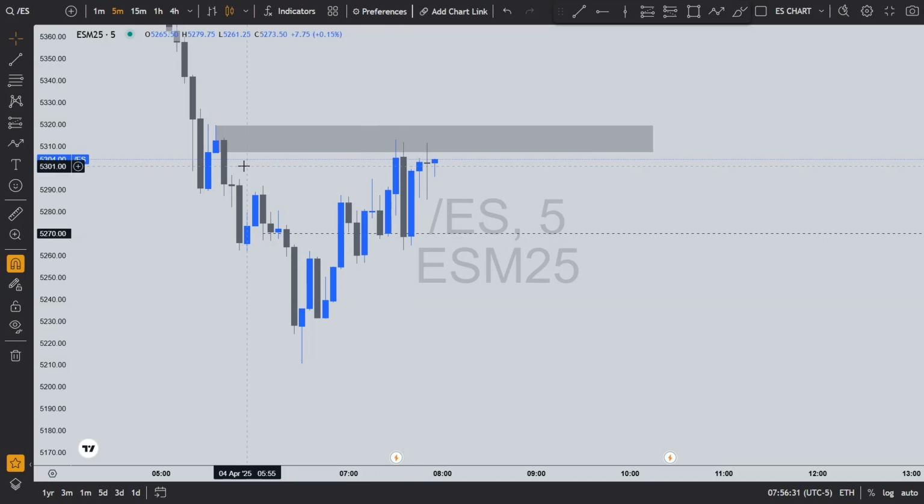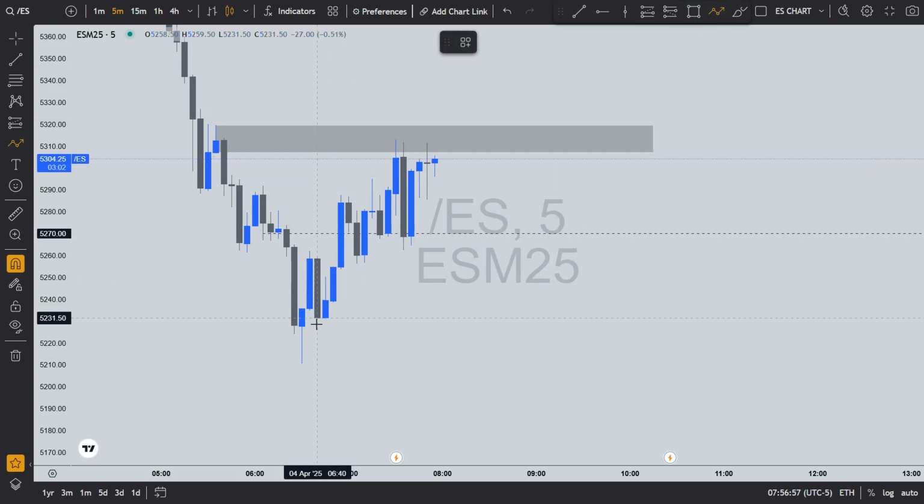And because price ended up reversing anyway. Also, NFP was at 7:30 right here. It didn't do too much, but NFP did hit, so I didn't trade at 7:30, and then I waited for price to pull back into this demand zone.